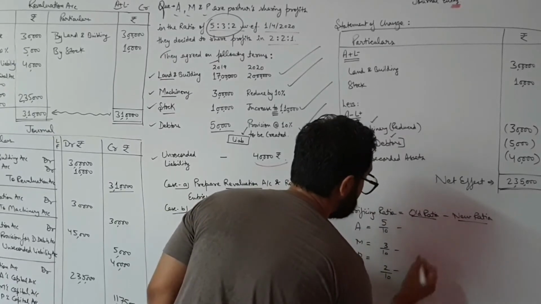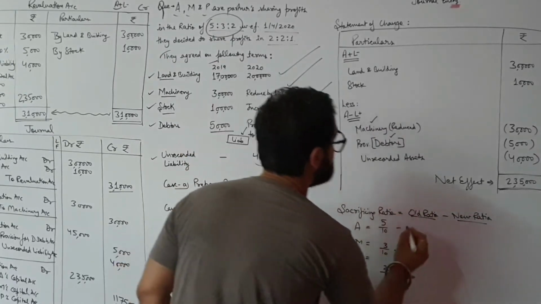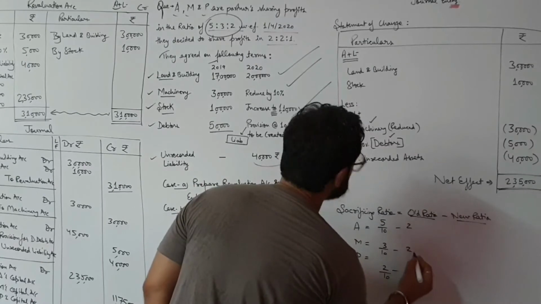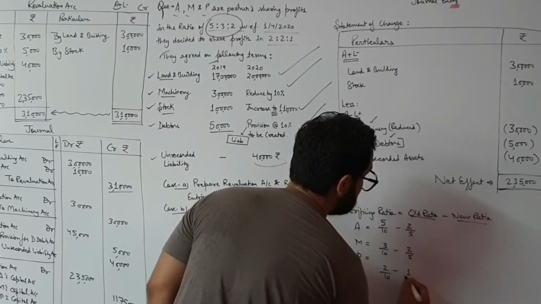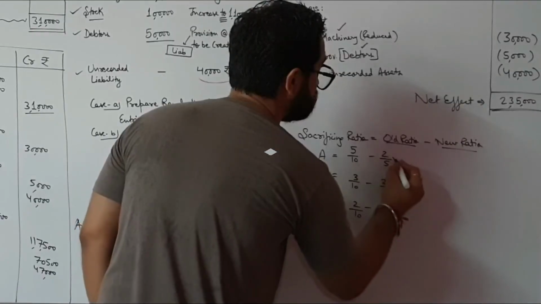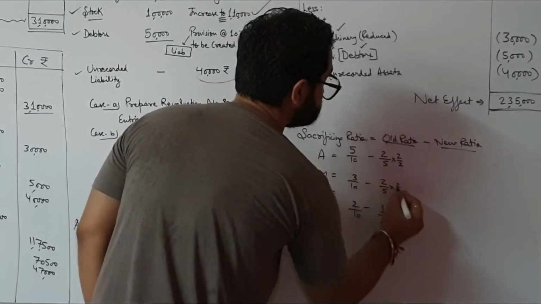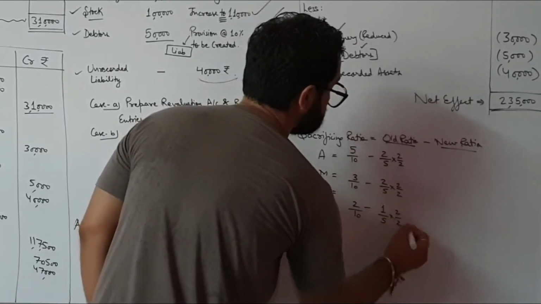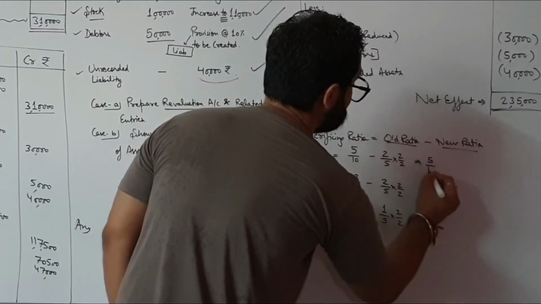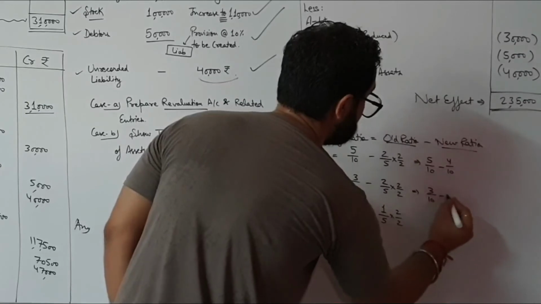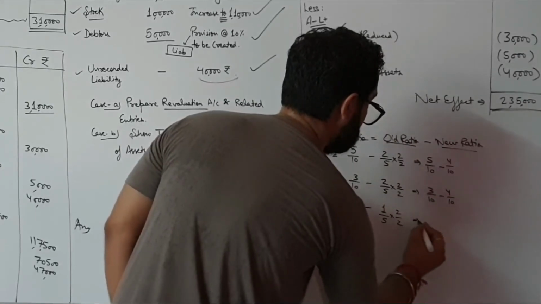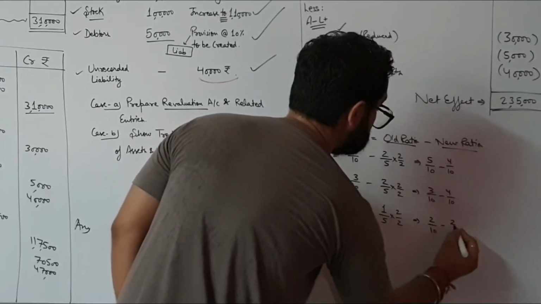New ratio is 2:2:1, meaning 2/5, 2/5 and 1/5. So multiply and divide by 2. Now the fractions are 5/10 minus 4/10, 3/10 minus 4/10 and 2/10 minus 2/10.